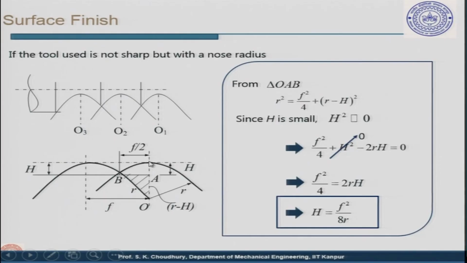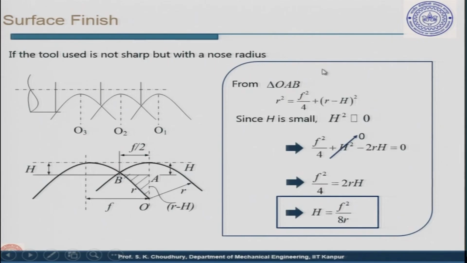From here to the valley it will be f by 2, half of this distance. Now, in these two subsequent profiles, this is the r, this is f by 2, and this distance is r minus h, where h is the surface roughness.